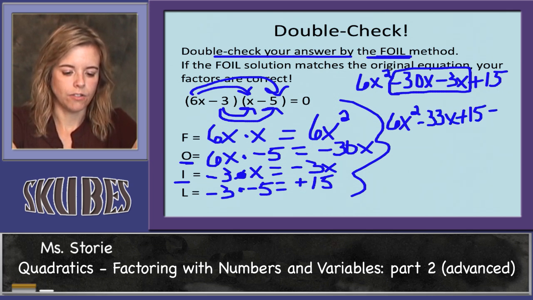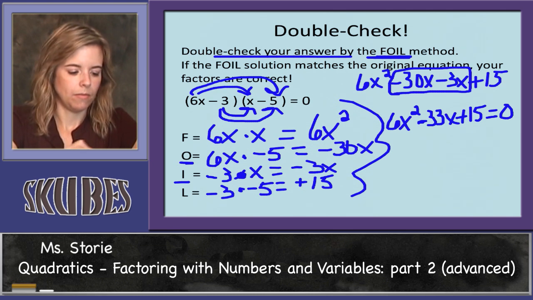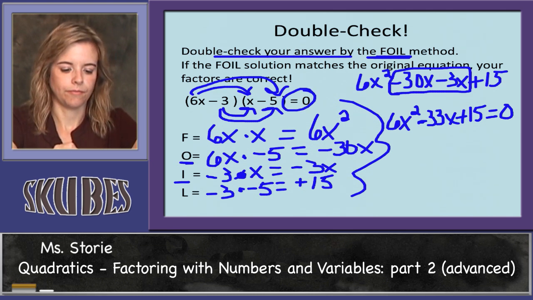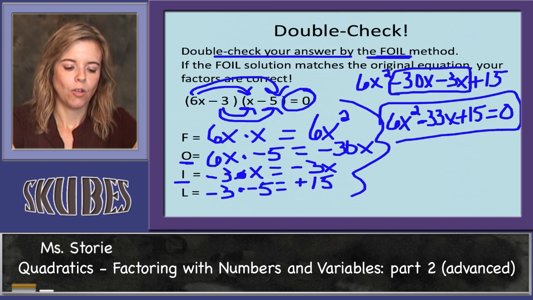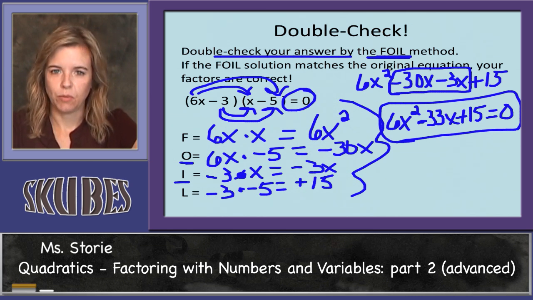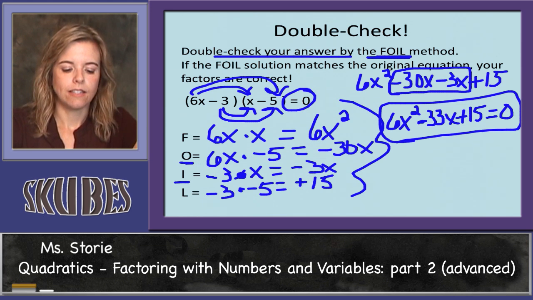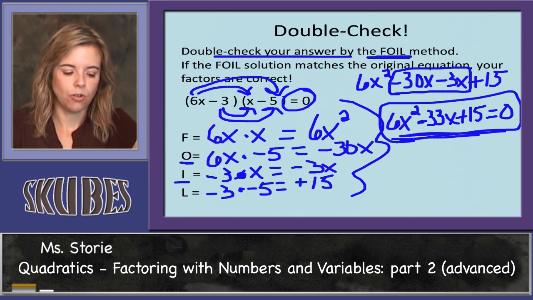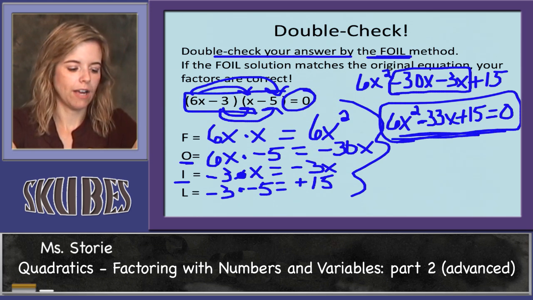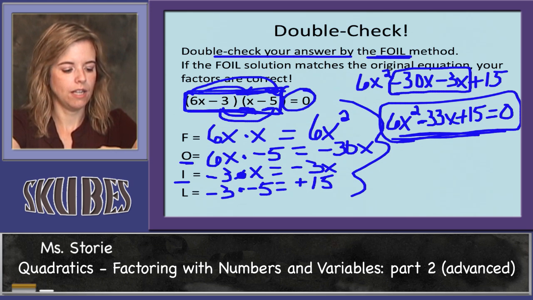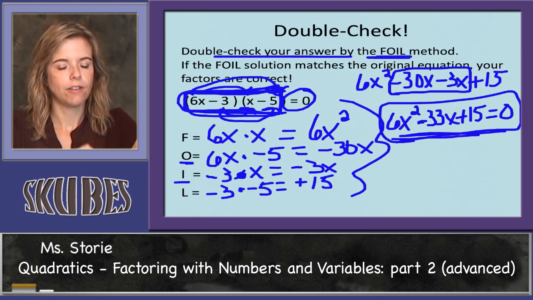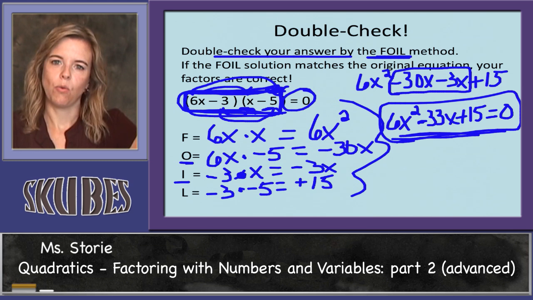And that should equal 0, because this is what it said there. This was the original quadratic that we started with. That was what we were trying to find the factors of. Since this right here matched our original quadratic, that means our factors of 6x minus 3 times x minus 5 are the correct factors of the quadratic.